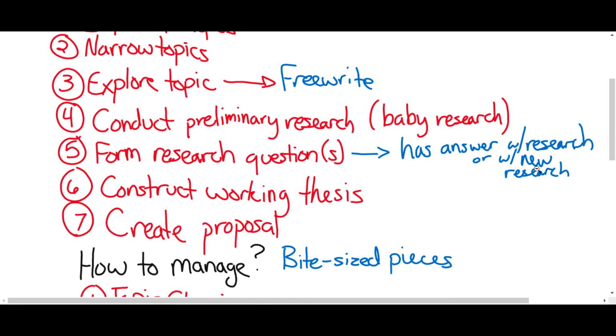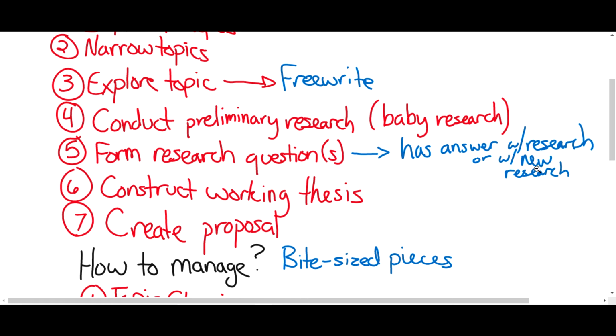So I will always encourage you to free write when you're doing your topic stuff before you do any research. Just start writing about what you know. It doesn't have to be in sentences. It can be in bullet form. It can be a picture. It doesn't matter. You're not really showing it to anyone. But free write and explore what you already know about your topics. Sometimes that actually leads you to which one you really want to do.